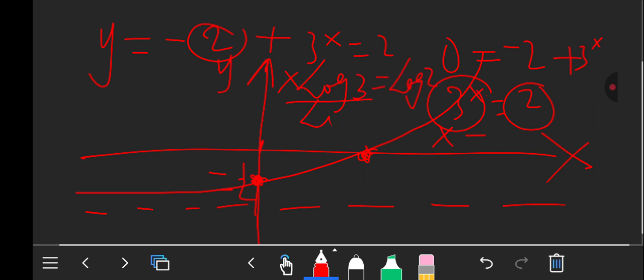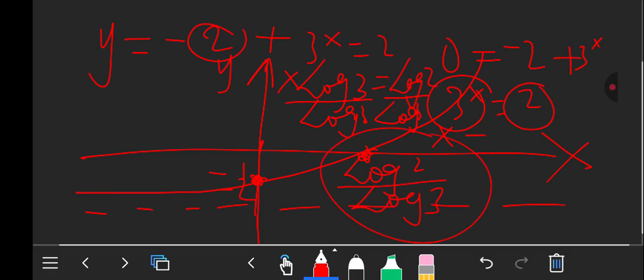Then you divide by log 3 on both sides. So there you have the point, which is x is equal to log 2 over log 3. But we've already done log, so that is not even an issue. That is how you get to sketch for exponential functions. And this is the end of exponential functions.